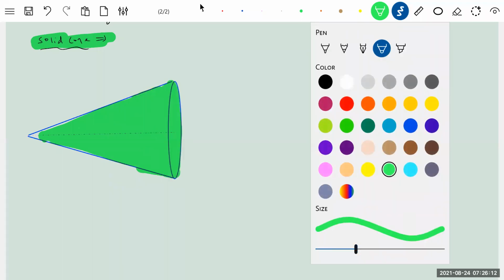Hurry up. There, everything is a solid cone, of height h and radius r. You can place it vertically or in any orientation.